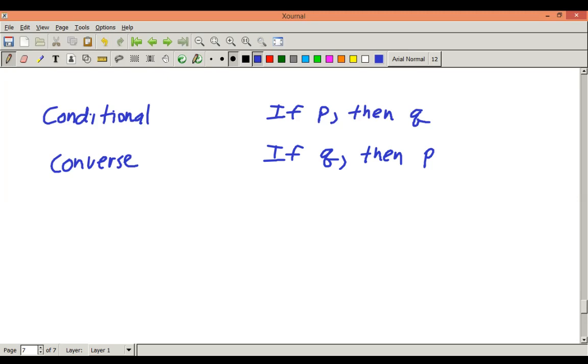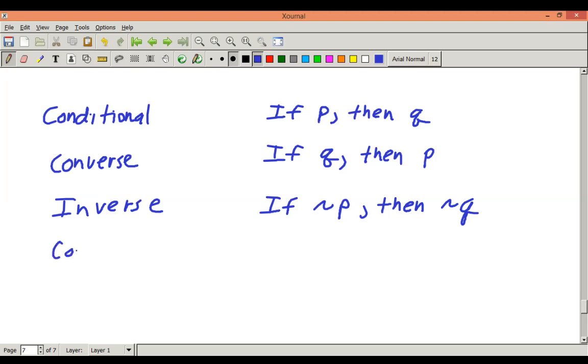And I'll come up with some examples of this here in a minute. The inverse, there's four of these, by the way. The inverse of a conditional statement is when you negate both the hypothesis and conclusion. So if I go back up to my first conditional statement, the inverse of that is if not P, then not Q. So with an inverse, you negate the hypothesis and the conclusion, but you keep them in the same order.